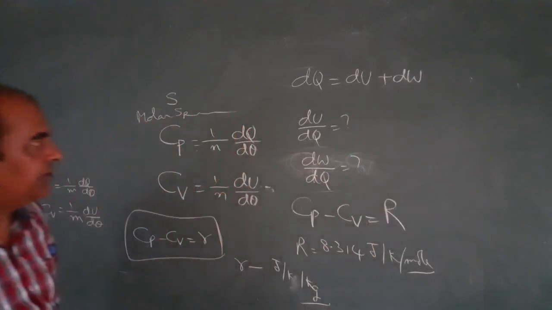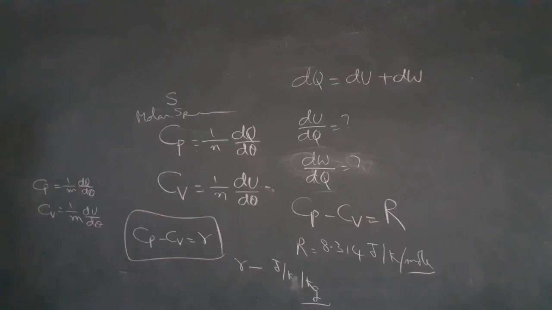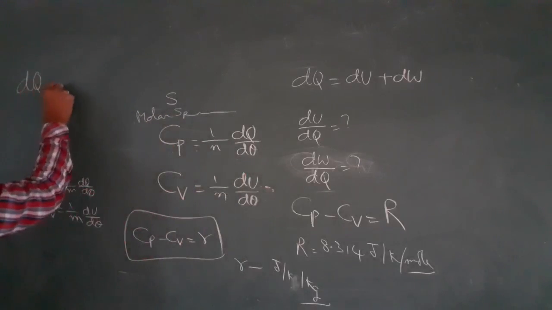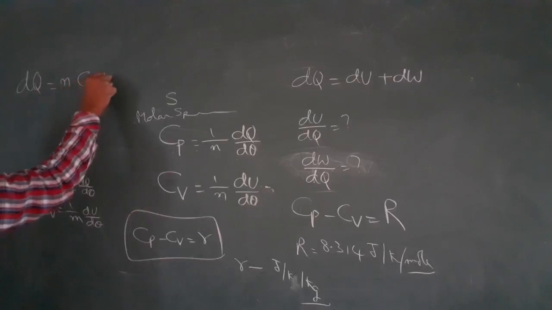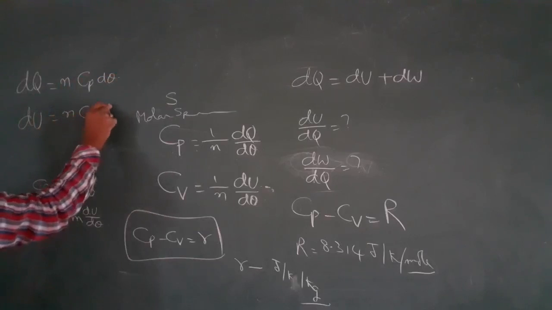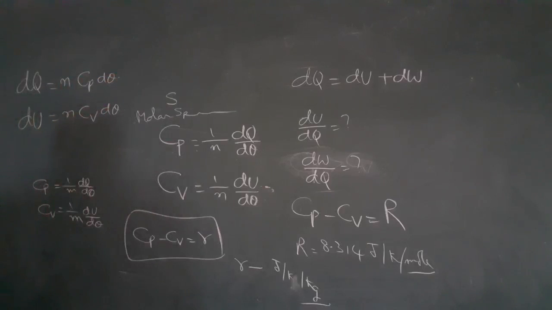These are the points. So, the first law of thermodynamics, we know dQ is equal to dU plus dW. From that, cross multiplying here, we get dQ is equal to n Cv dθ. dU is equal to n Cv dθ.